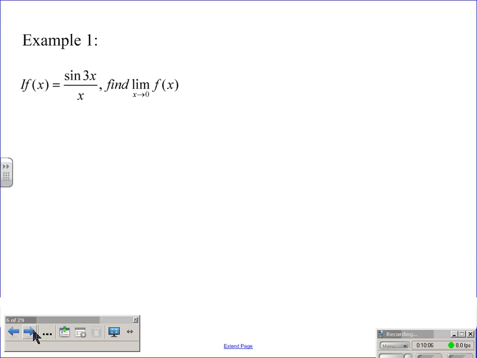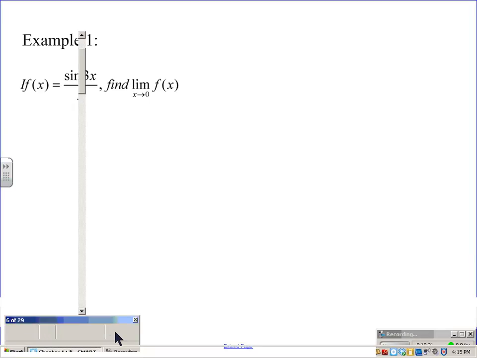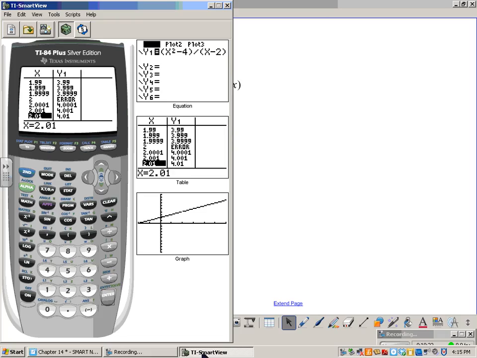So in this case, what we're going to do is look at the sine of 3x over x, and we're going to find the limit of this function as x approaches 0. And we're going to use our calculator. Again, we're finding evidence of this. So in our calculator, we're going to graph that.